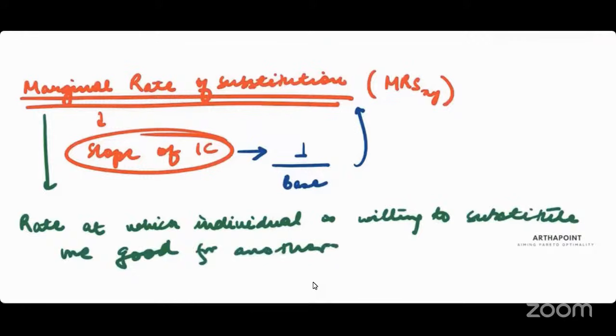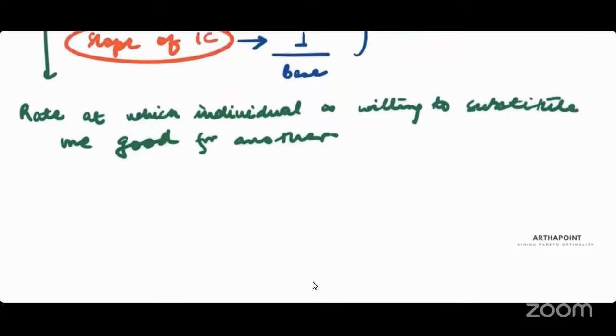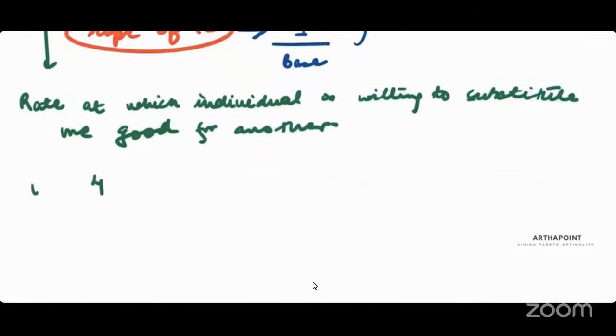See here, I want to hold my utility constant at 4. As you increase the consumption of good X, you are taking good Y from me. You're increasing X for me, but you're taking away Y from me, such that my utility is held constant. So initially, I had 4 units of Y and just 1 unit of X. My utility was 4 into 1, which is equal to 4.